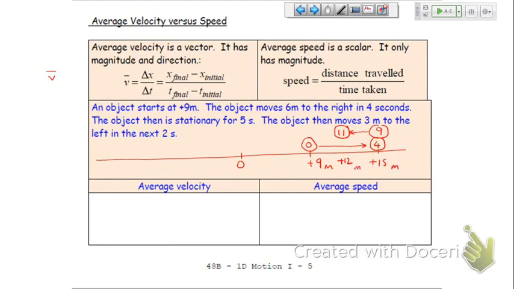Okay? So then I say, well, my v average is equal to my displacement over my time, which equals my final position minus my initial position over my final time minus my initial time, which equals, and now I'm looking at my diagram, I'm not looking at the blue words.